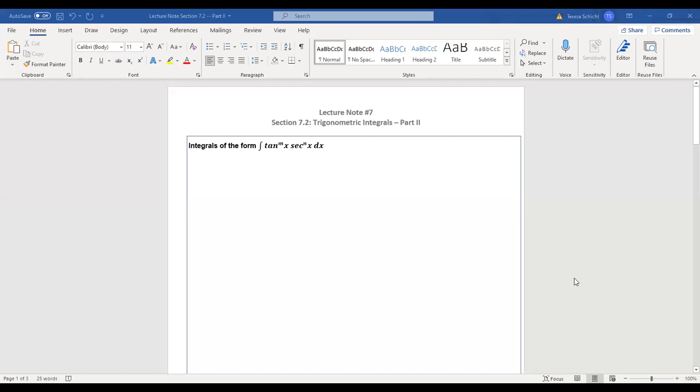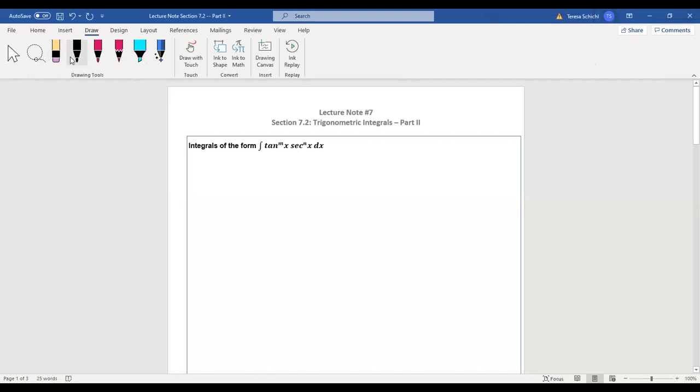So now let's go ahead to our lecture. Like I mentioned, this is the second part of our section 7.2, about the different types of trigonometric integrals.